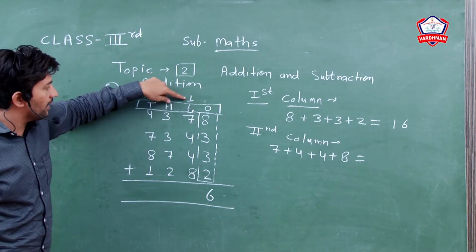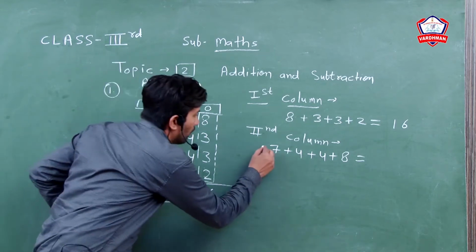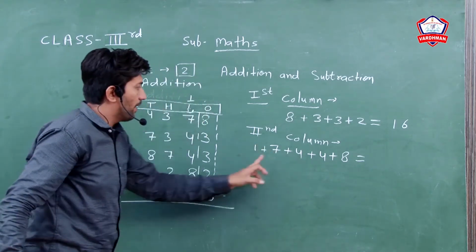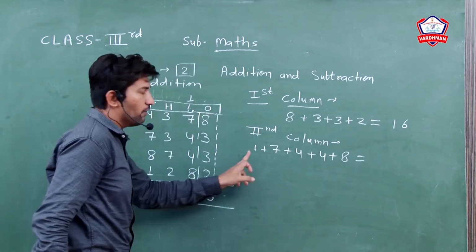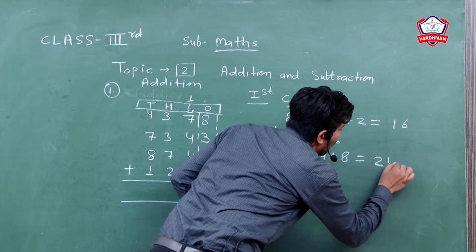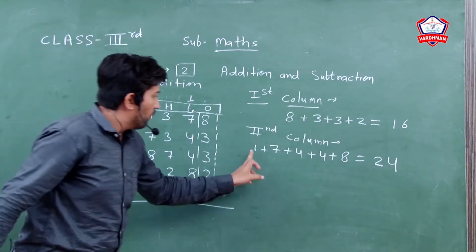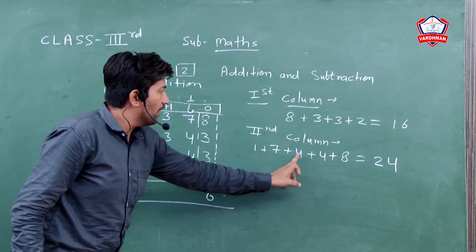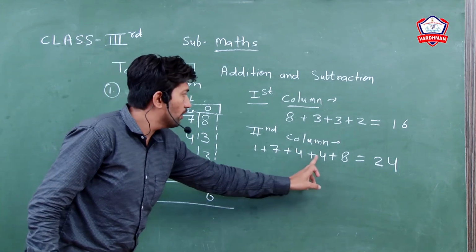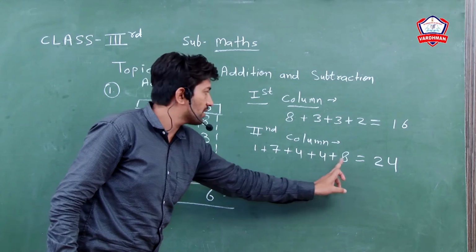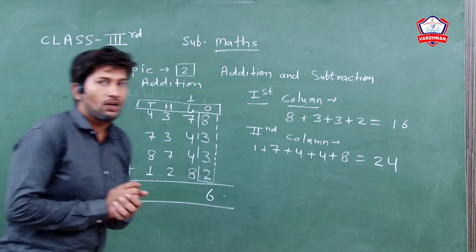Okay, you all see this, 1 is also a carry. Now we will add the 1 also. Now 23 and 1 is 24.